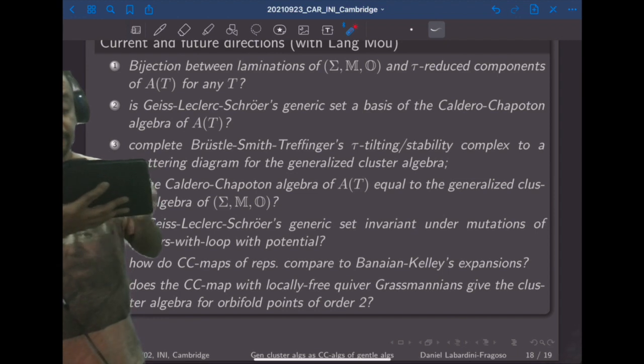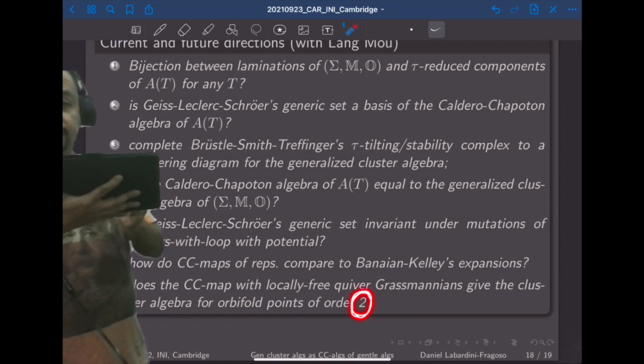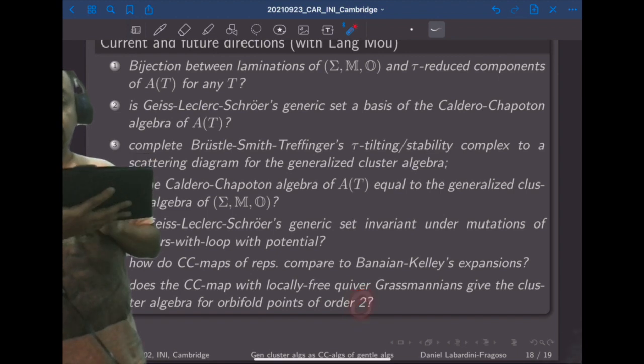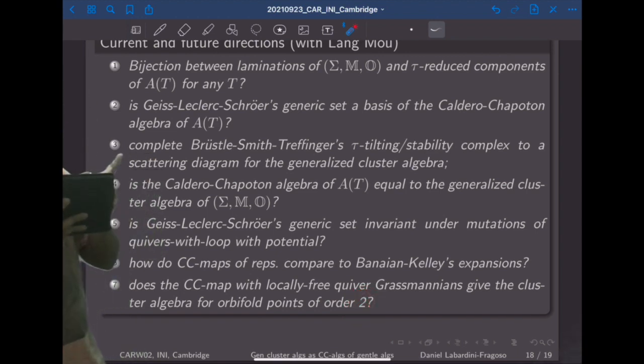Do they give you the cluster variables for the cluster algebra with orbifold points of order 2? And here there is no mistake, it's not order 3, this would be order 2. So something similar to what Geiss, Leclerc, Schröer have shown in some Dynkin cases.